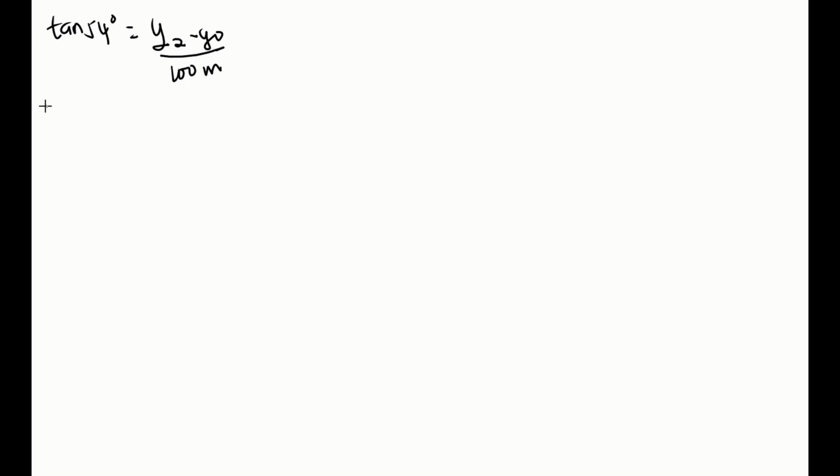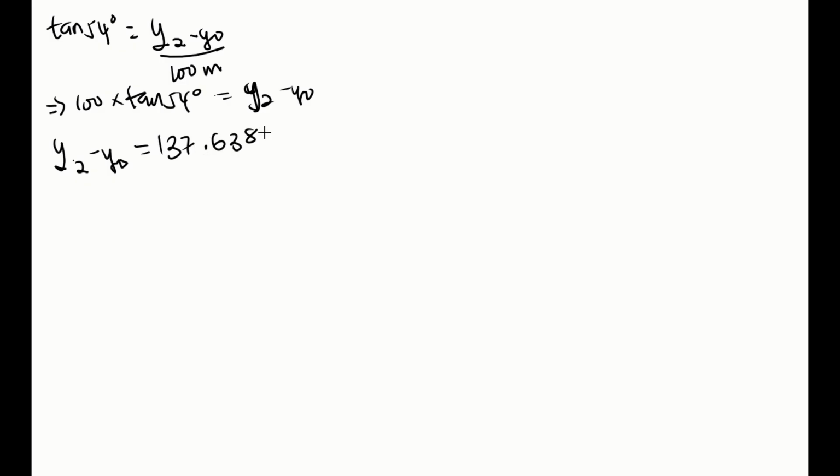So 100 times tan 54 degrees gives us y2 minus y naught. 100 times tan 54 should give us 137.638.